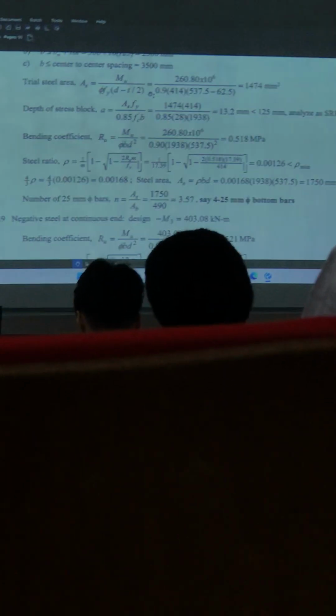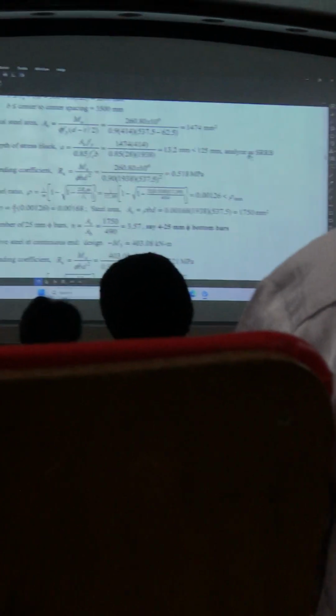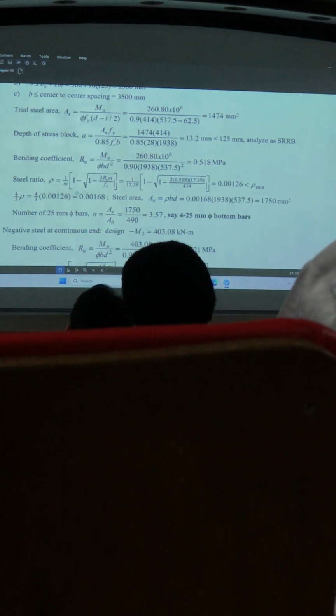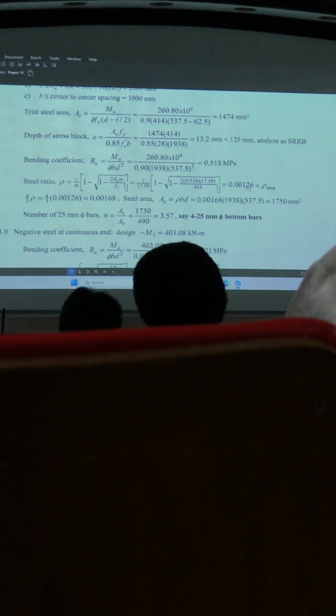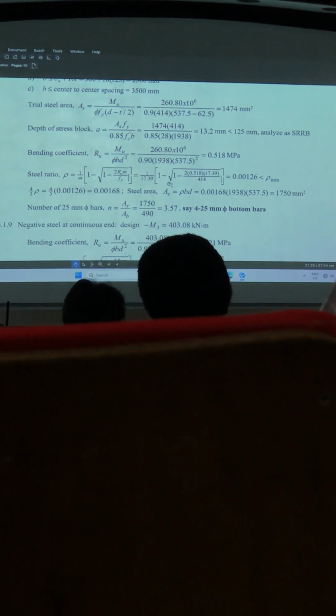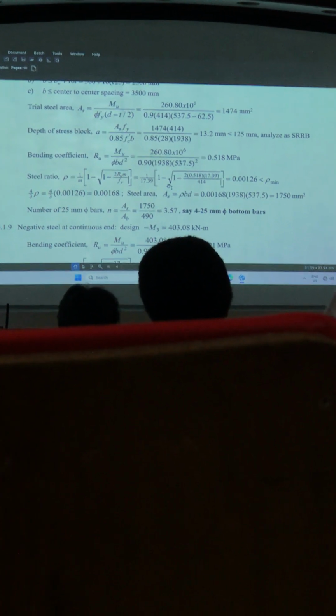So if A is less than T, then T-beam analysis is not needed. You just continue applying the formula for singly reinforced rectangular beam. RU, rho, then this is less than rho minimum, so we compute 4/3 rho, then we use the smaller between 4/3 rho and rho minimum.